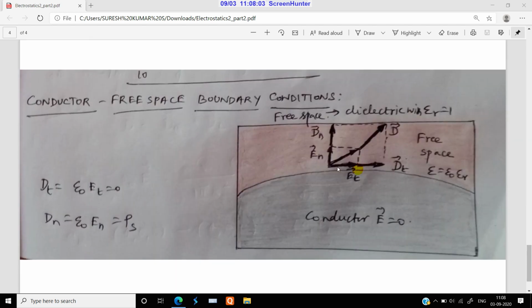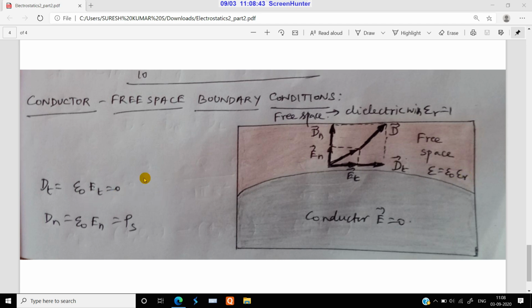Next, the last thing is going to be the conductor free space boundary conditions. So we are having a free space, and in this free space we are having the tangential and the normal components of electric field, also the tangential and the normal components of electric flux. As we have seen previously, the conductor has the electric field as 0. Free space can be defined as having the permittivity epsilon, which is epsilon naught into epsilon r.